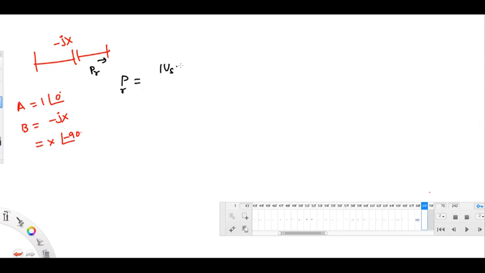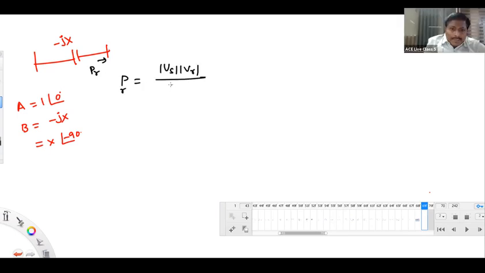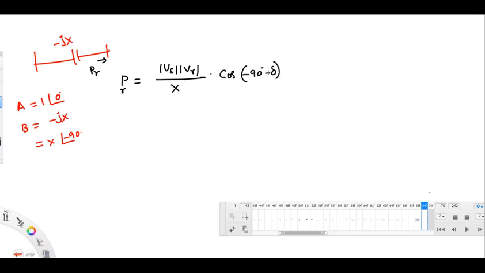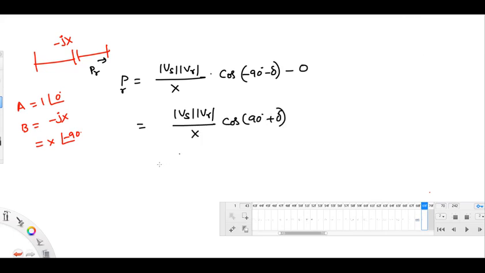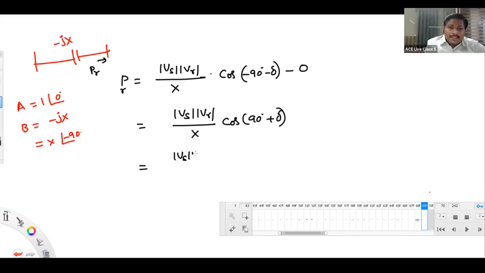Mod VS, mod VR by mod B, and mod B is X, cos of beta 90 minus plus delta, minus beta, 90 minus minus delta, and the next one is 0 again. Now we get mod VS into mod VR by X cos of 90 plus delta. What is cos of 90 plus delta? That is a minus sign. So it is VS into VR by X into sin delta with a minus sign in front of it.